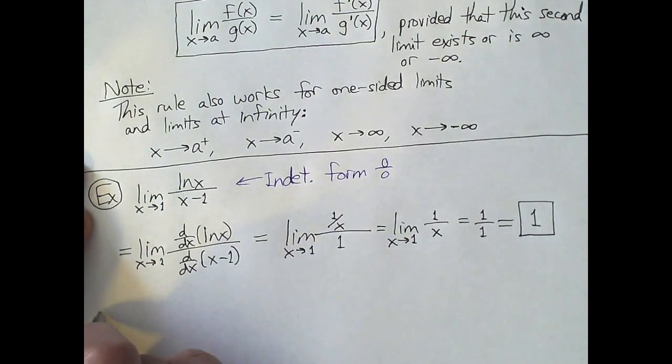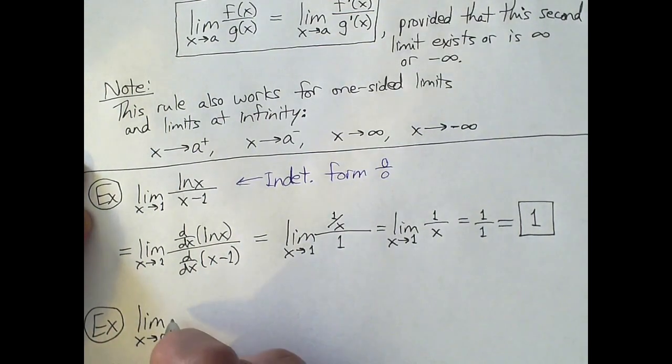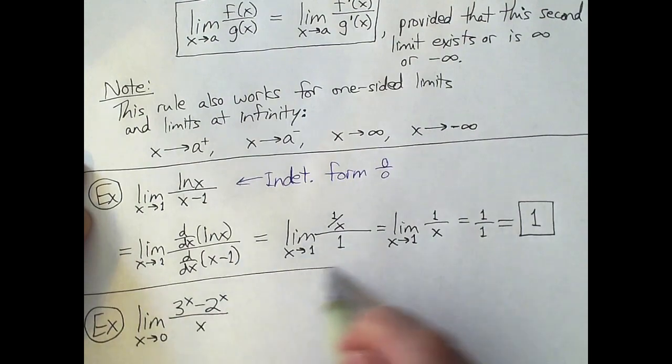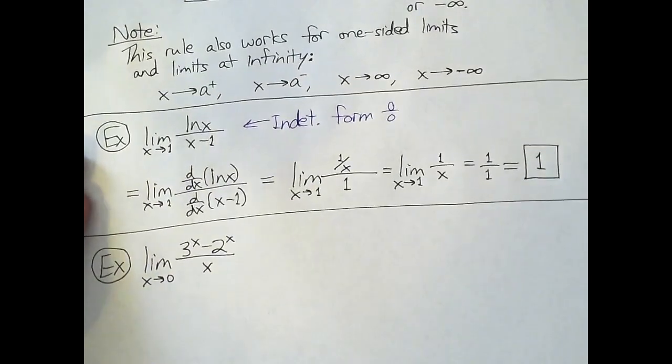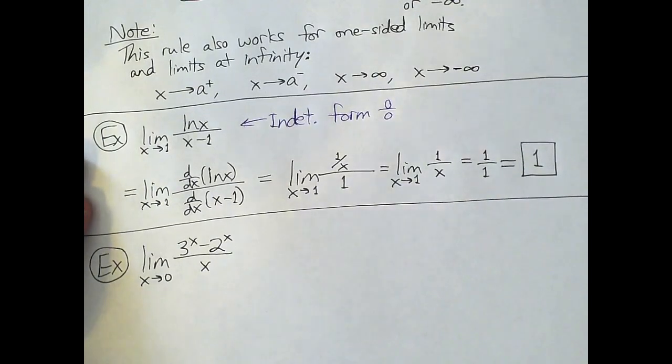Let's do another one. The limit as x goes to 0 of 3 to the x minus 2 to the x over x. First of all, is this an indeterminate form? Is there some other way we can do this? Well, let's see. Think about what happens to the top and bottom. The bottom definitely goes to 0.